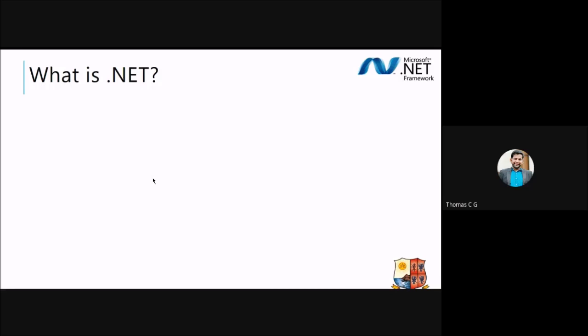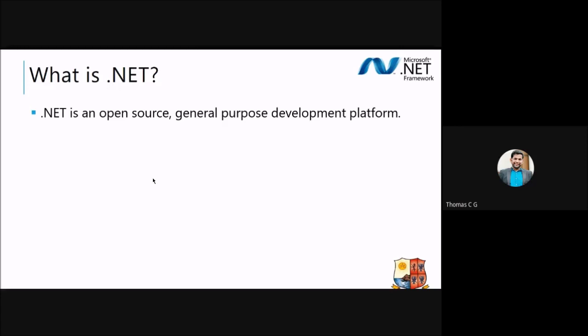So, what is .NET? According to Microsoft right now, and please know this is not the definition I used to tell, it was just told that .NET is a software platform for primarily running Windows applications. But now we are calling it: .NET is an open source, general purpose development platform. I will underline that phrase once again for you: general purpose development platform. Please remember this.